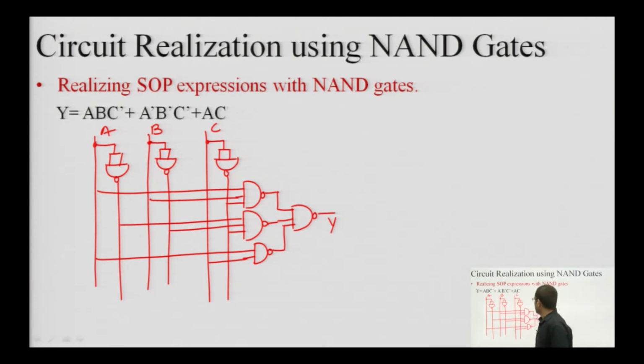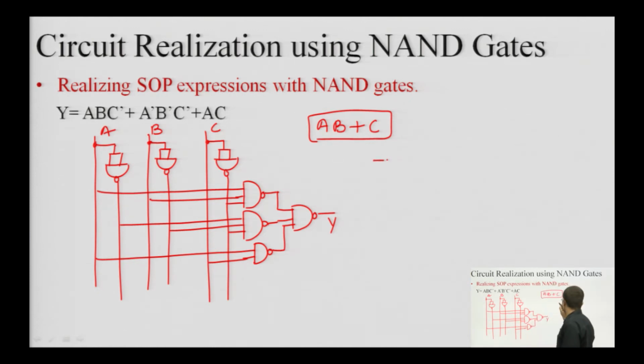But one thing has to be kept in mind. If I have to realize this A B plus C kind of structure using NAND gates, then I have to keep in mind that AND OR structures are similar to NAND. That means, this A B can be in the form of a NAND gate, but this C also has to pass through a NAND gate, only then it will be considered as an AND OR based structure.